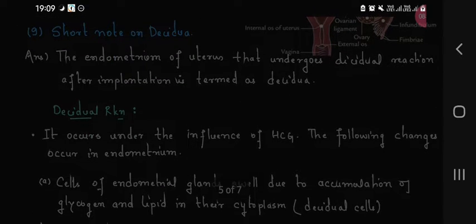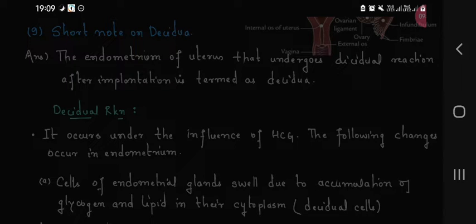Short note on decidua: the endometrium of uterus that undergoes decidual reaction after implantation is known as decidua. Endometrium after implantation is called decidua. Decidual reaction occurs under the influence of HCG. The following changes occur in endometrium.